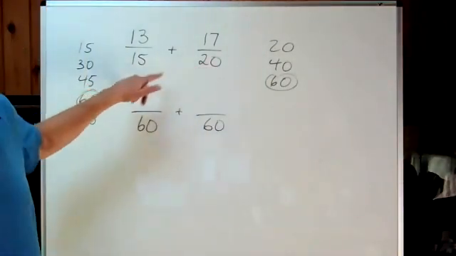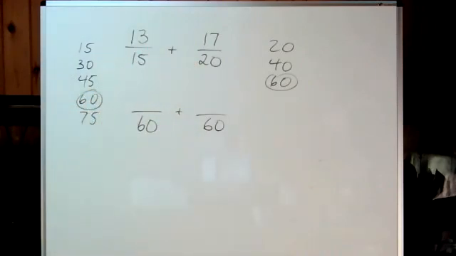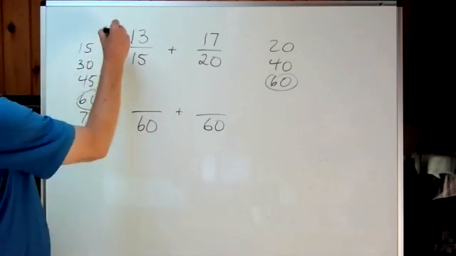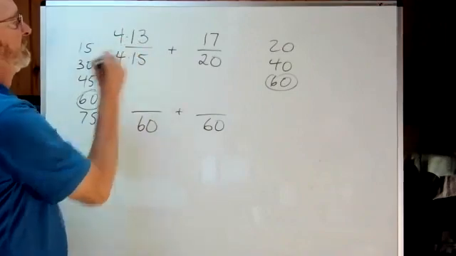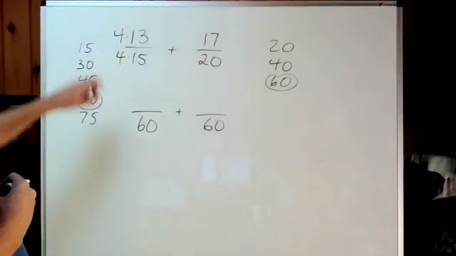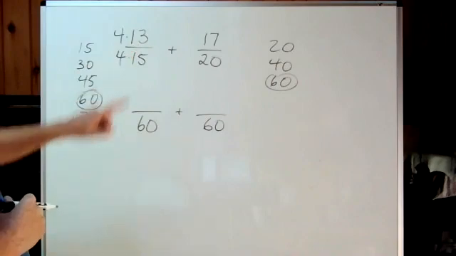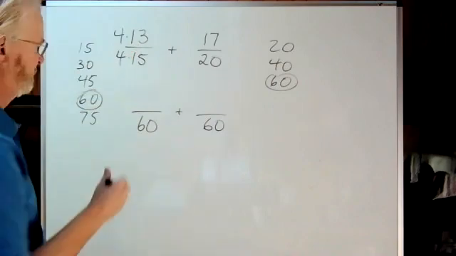Notice those were different numbers though to start than the last example. So what did I have to multiply by? 1, 2, 3, 4 to get to 60 there. 52, however you figure out, okay?